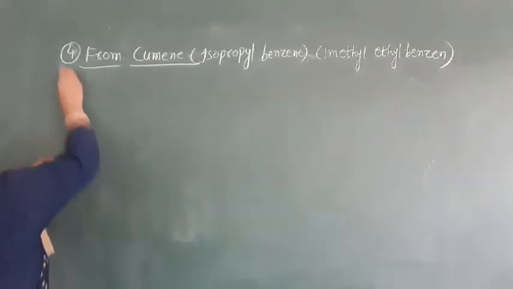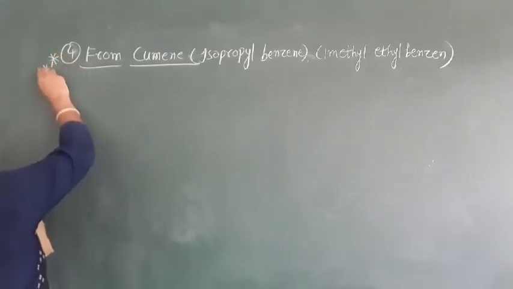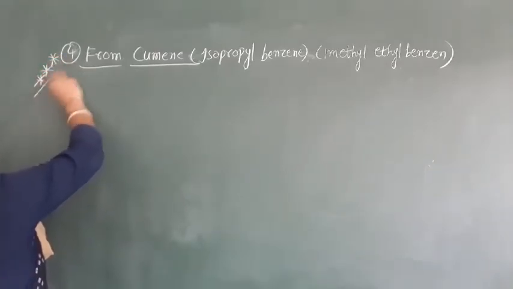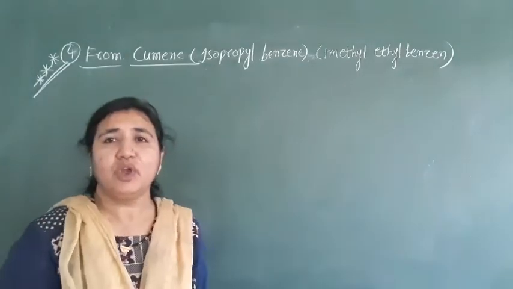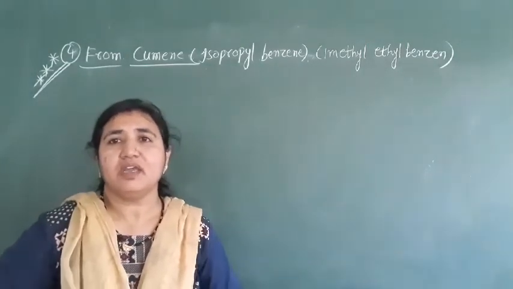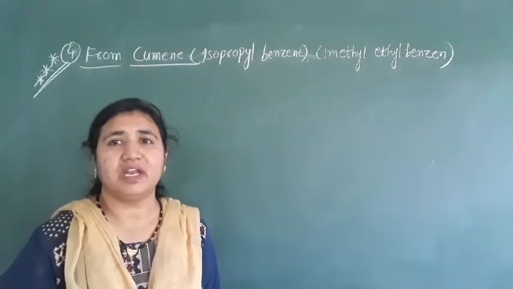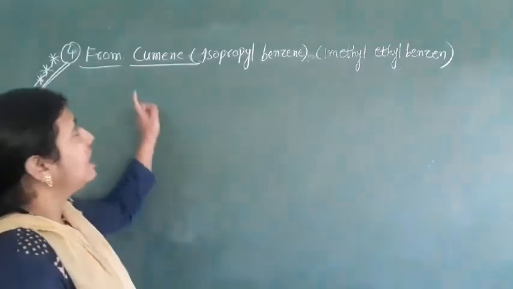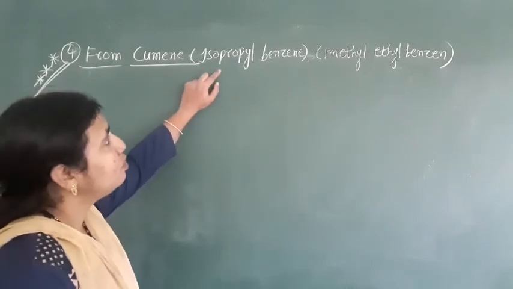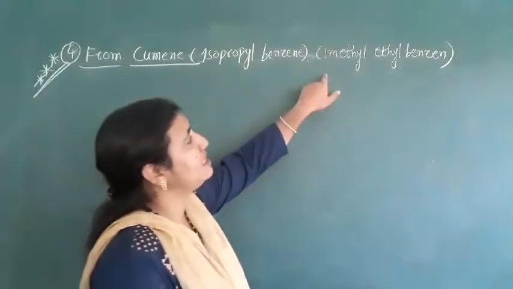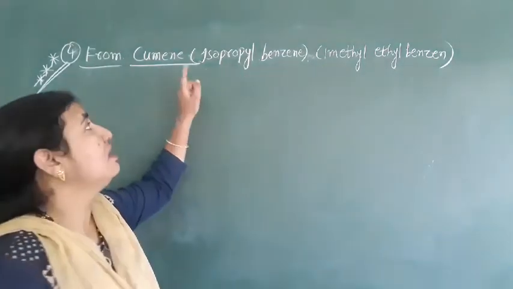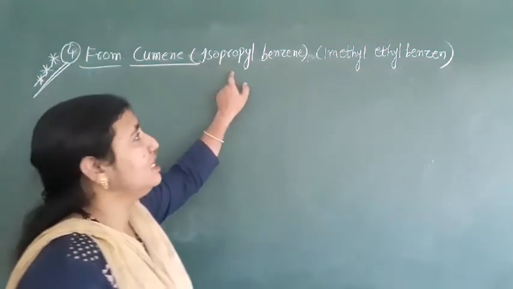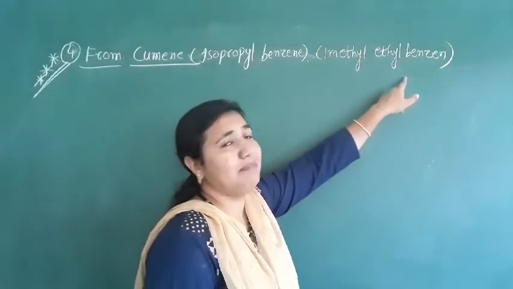Next, the last, fourth one, is from cumene. This is a very, very important reaction for theory and also for competitive exams. Cumene process. Cumene is a hydrocarbon. Its names are cumene, isopropyl benzene, or 1-methyl ethyl benzene.